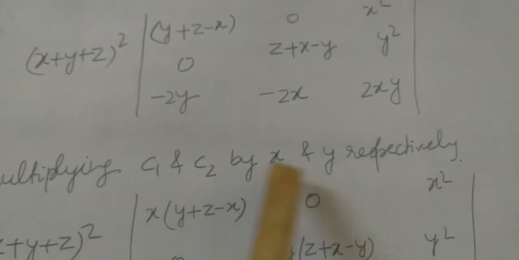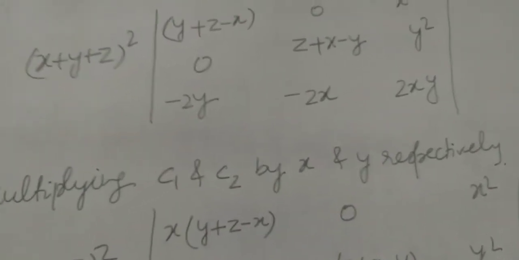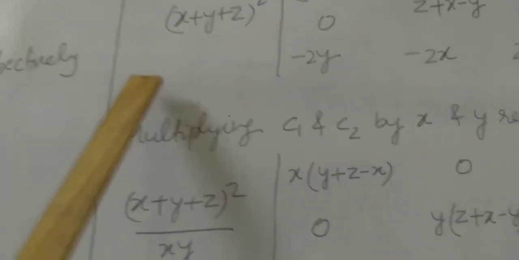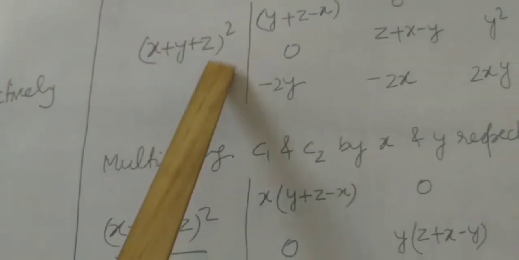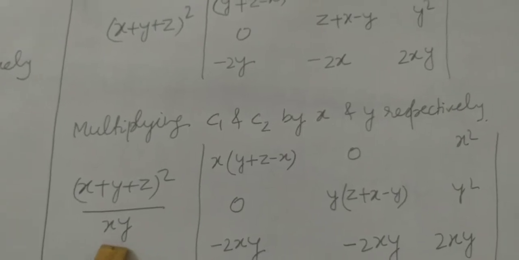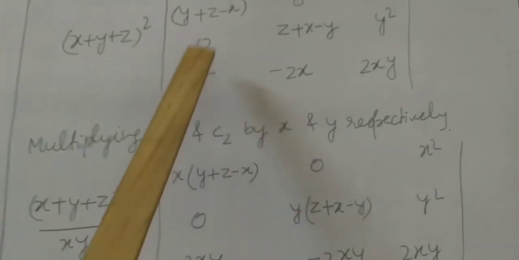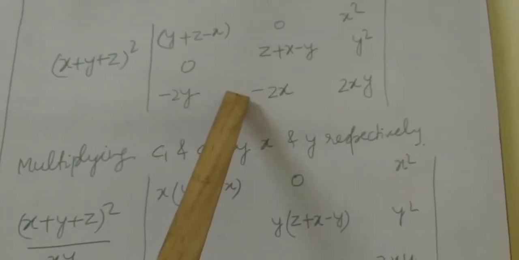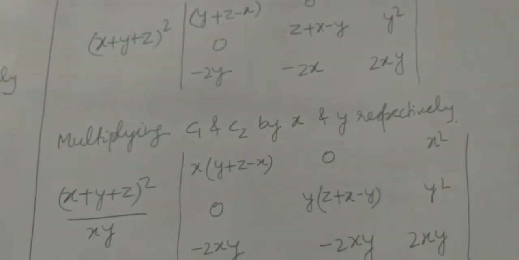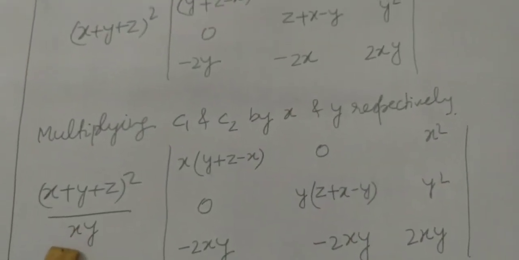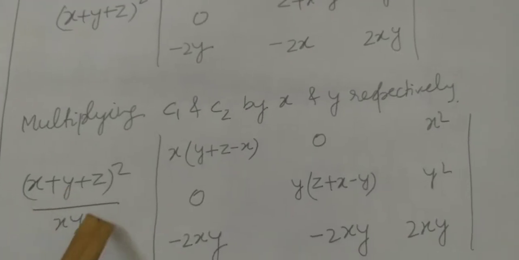So I am going to multiply, students, so I have to divide also. That's why you can see I have written (x plus y plus z) as it is upon xy, because we are going to multiply column 1 and column 2 by x and y respectively. So we have to divide it also. The division part I have written outside.